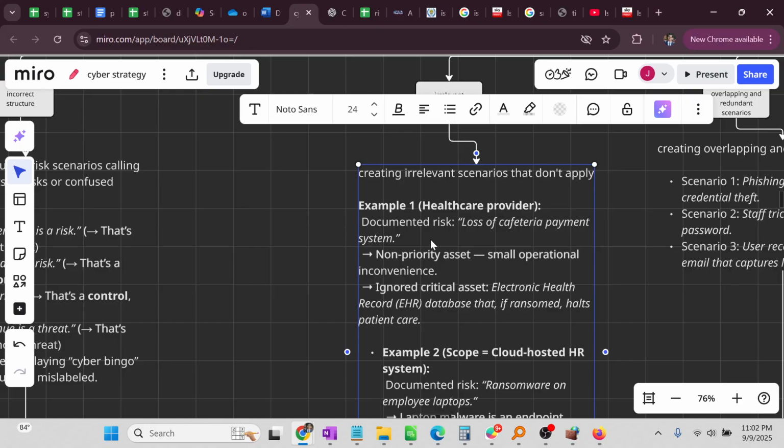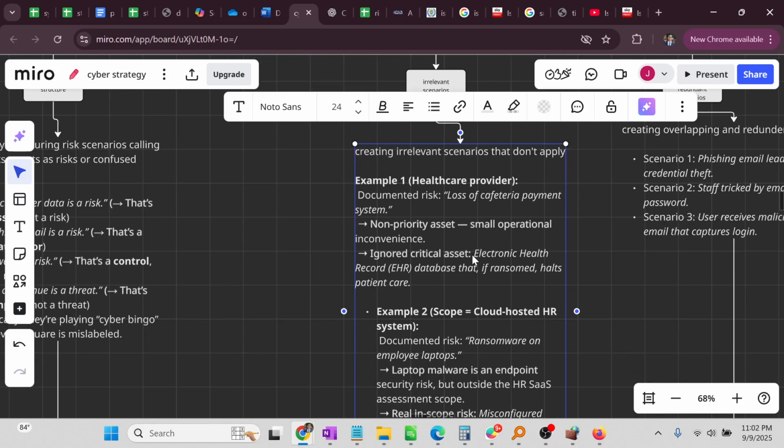You have a scope, and your job is to find the most important risks in that scope. But instead of focusing on the most relevant scenarios, you are focusing on irrelevant ones. For example, in a healthcare provider, you are writing "loss of cafeteria payment system" in the risk register, which is not of concern because it's a small operational inconvenience.